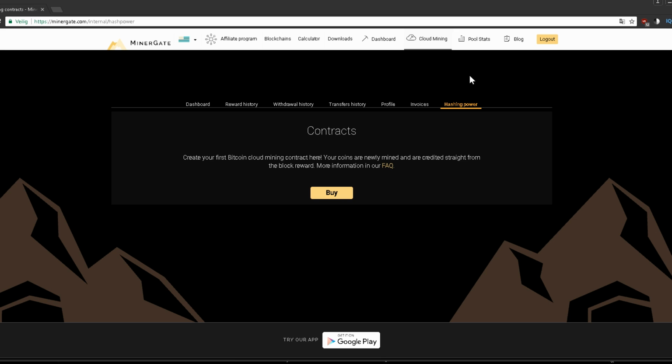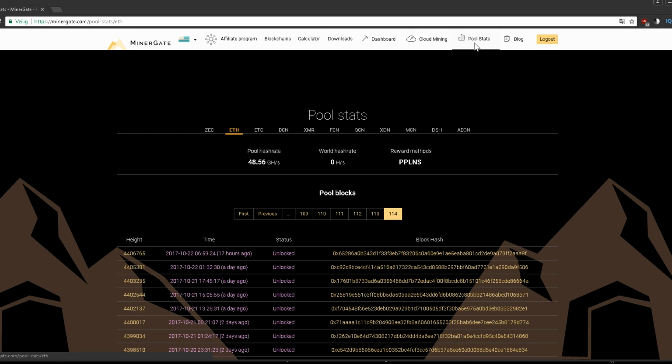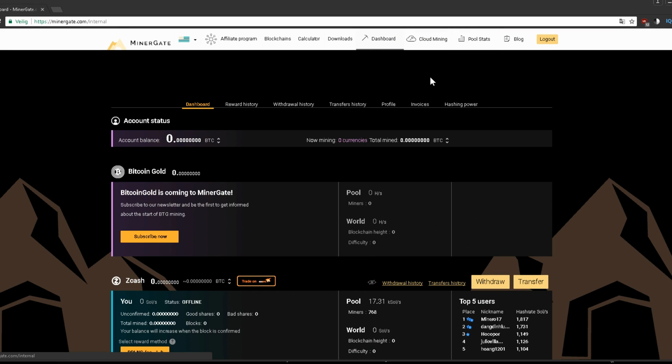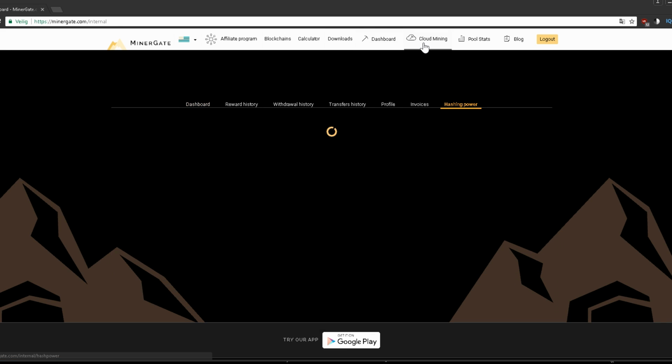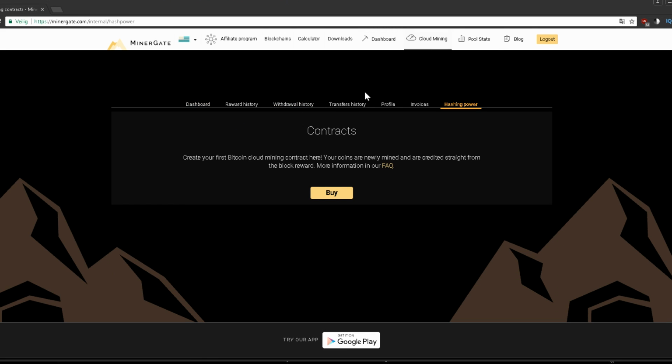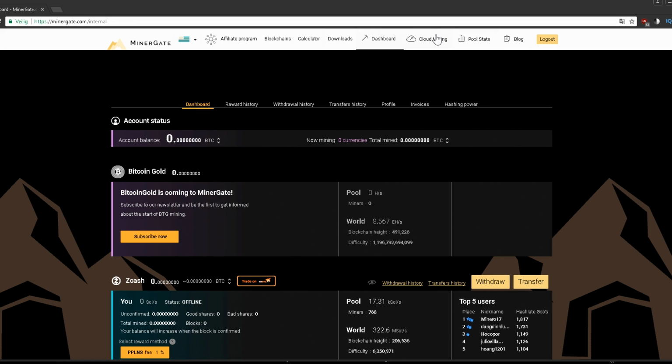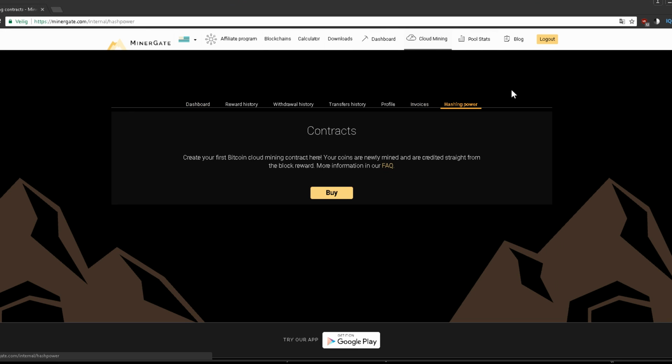But there might be better cloud mining contracts out there. Alright, so yeah, we got everything now. Dashboard, cloud mining. Yeah, cloud mining is here. That is basically this. Hashing power, cloud mining is the same button.